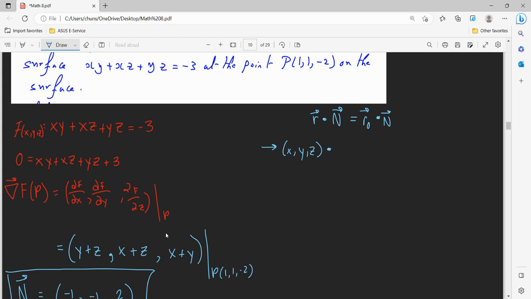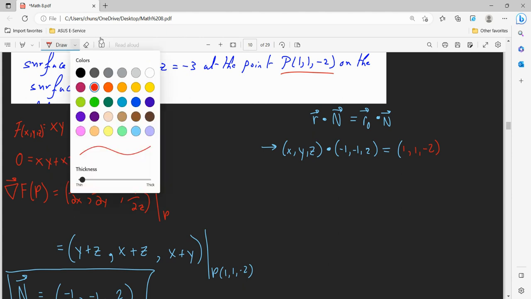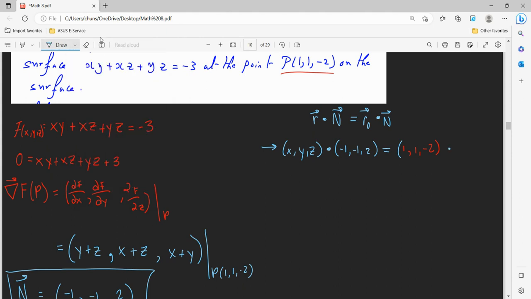And multiplied, we already solved for our normal vector in our previous question, so that is negative 1, negative 1, and 2. And this is equal to our point P, because that is our initial starting position, multiplied again by the normal vector that we just solved for, which is negative 1, negative 1, and 2.